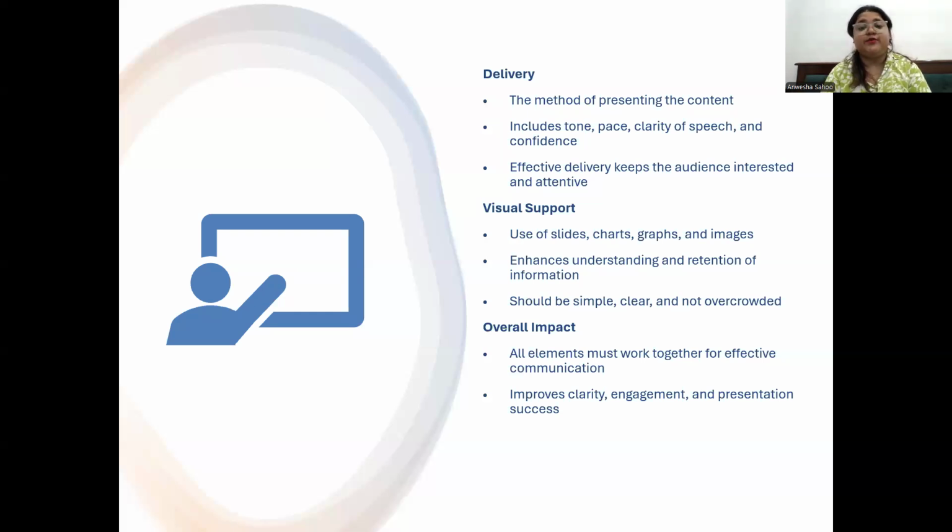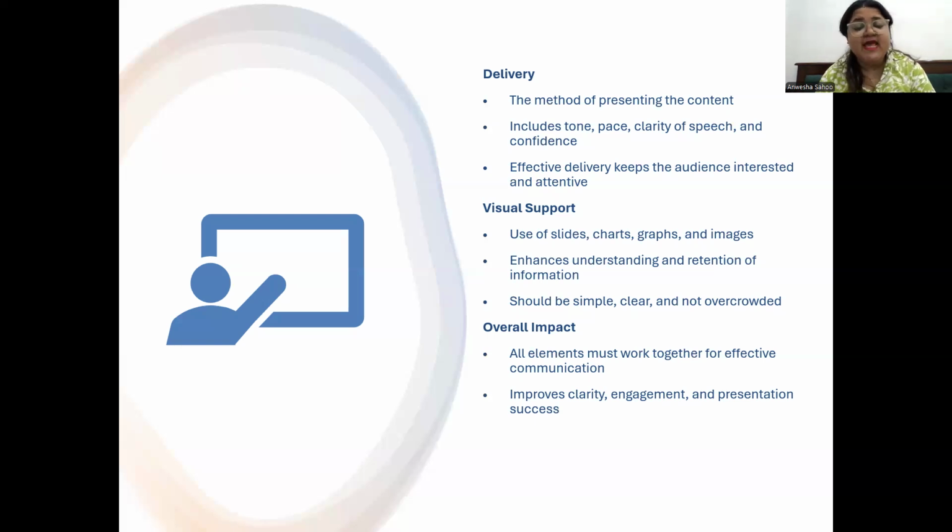Next is visually supported presentation. Whatever presentation you are giving, you should use some slides, some charts, some graphs, some images, so that it enhances understanding and retention of the information. It should be simple, clear, and not overcrowded.